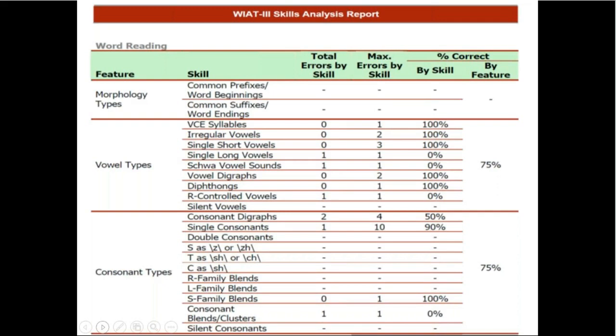really powerful. So for example, we can have a look at the analysis here, and we can look at the columns on the right-hand side, which is looking at the percentage of skills or items that the child got correct. And you can see that actually she's really struggling with a few of these skills. For example, single long vowels, the schwa vowel sounds, and consonant blends or clusters.